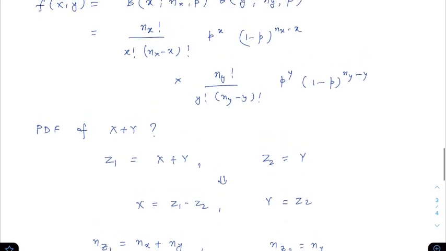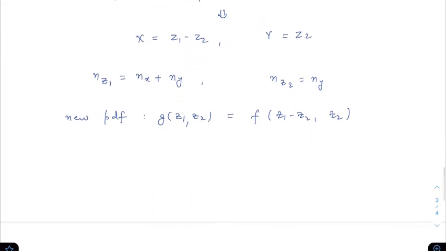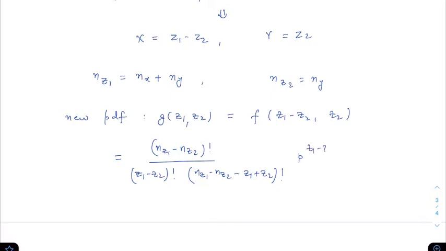So that basically gives us... and for the second case, we are just replacing ny by nz2, y by z2.